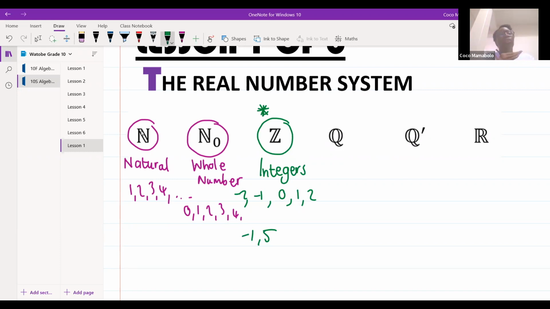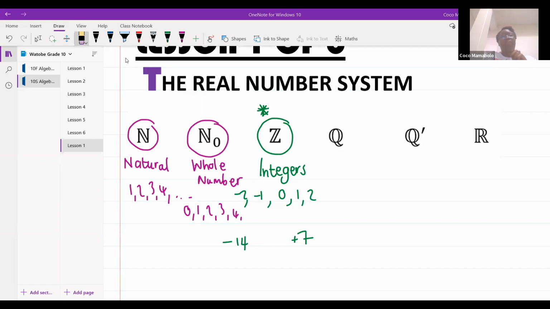It is not included. We're looking at whole numbers. So we can only include numbers like negative 14 or positive 7. 7.9, no, that doesn't count. We are only looking at positive or negative whole numbers. Okay, that's how we look at integers.